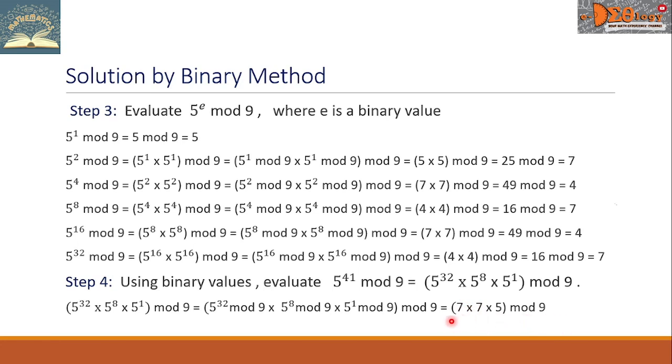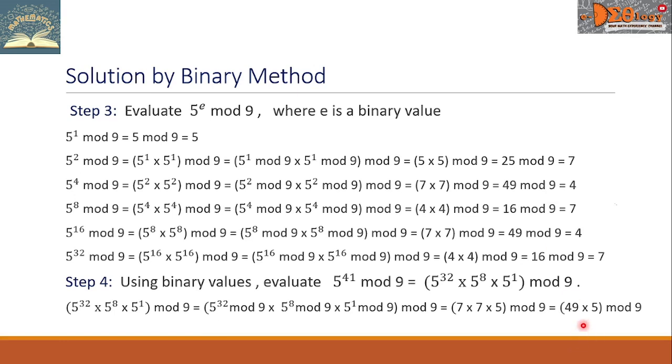We can observe here that we can combine this 7 times 7. Then we will get 49. So it will be 49 times 5, then mod 9. We intentionally multiply 7 by 7 first because we can see in our step 3 that there is a value of 49 mod 9 in here.